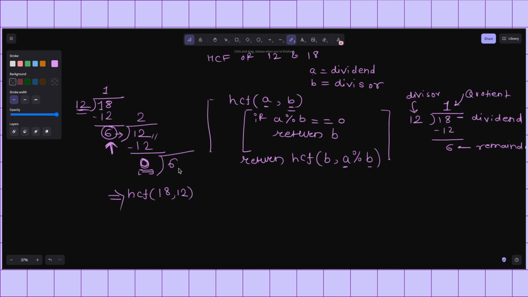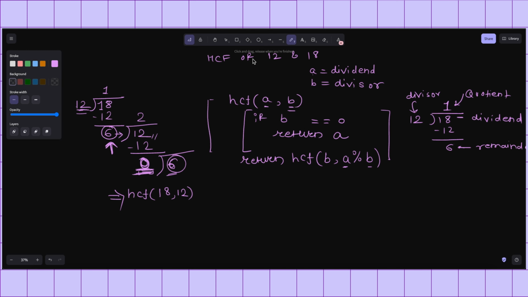So what I can conclude is that when my divisor gets 0, my current dividend is my HCF. So instead of the earlier check, we write: if my divisor is 0, we can return the dividend. This is how you can optimize it.